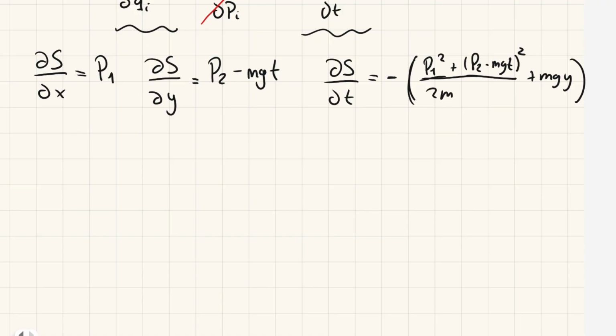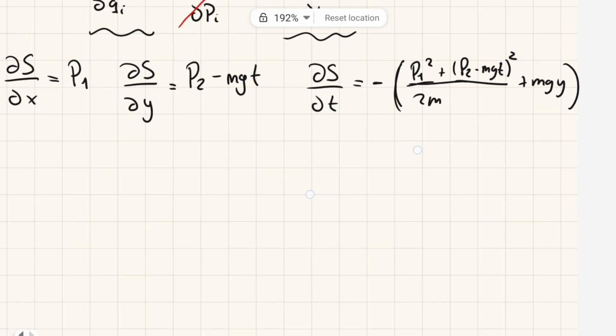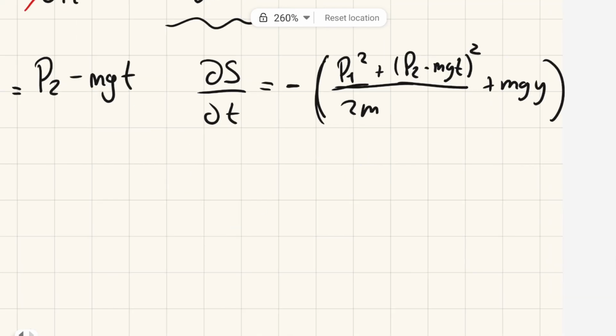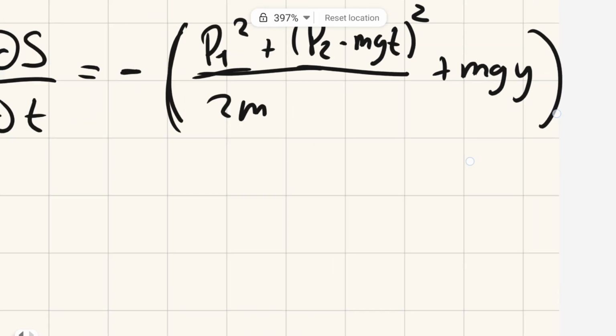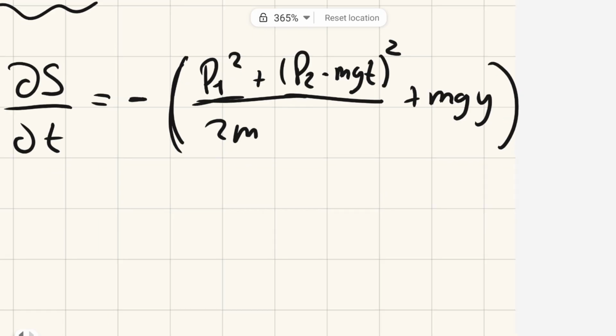What are we going to do? Well, we are going to start with this equation. We can see here that this element does not have any t, and this element is also independent of the time.